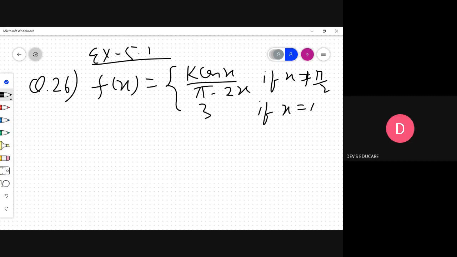For example, in this question, if you don't take pi by 2 minus h or pi by 2 plus h, the answer will be wrong.